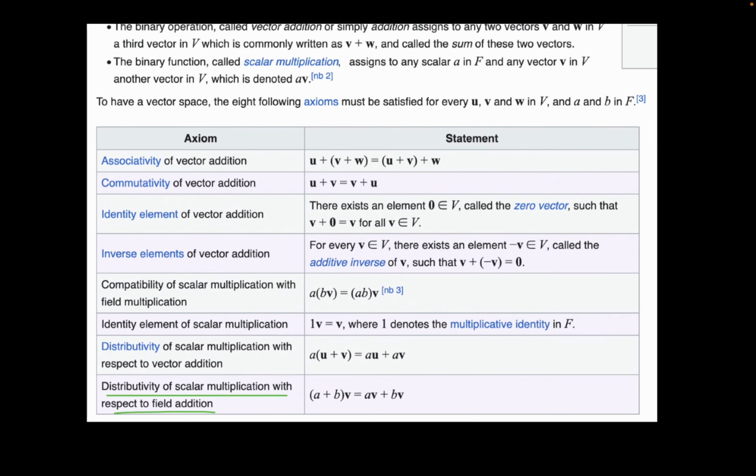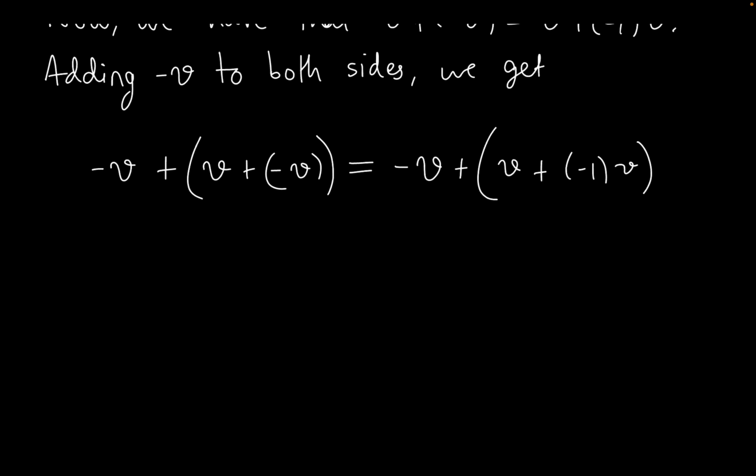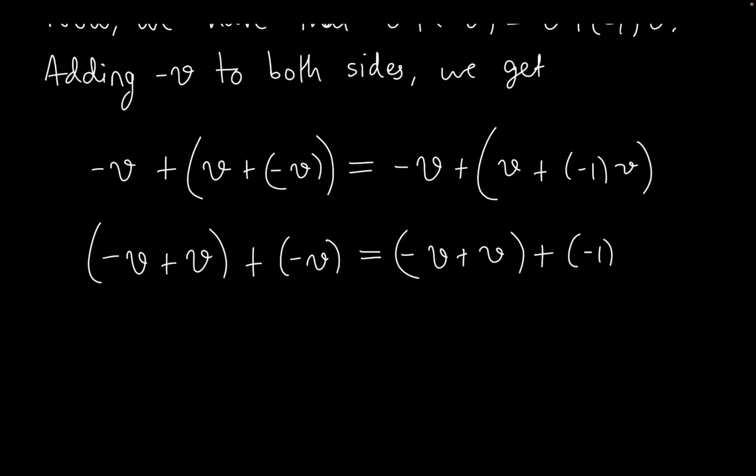And now we're going to use associativity of addition, and we're going to rewrite this as (-v plus v) plus -v is equal to (-v plus v) plus -1v. This becomes 0 obviously because of additive inverse. So we have 0 plus -v.